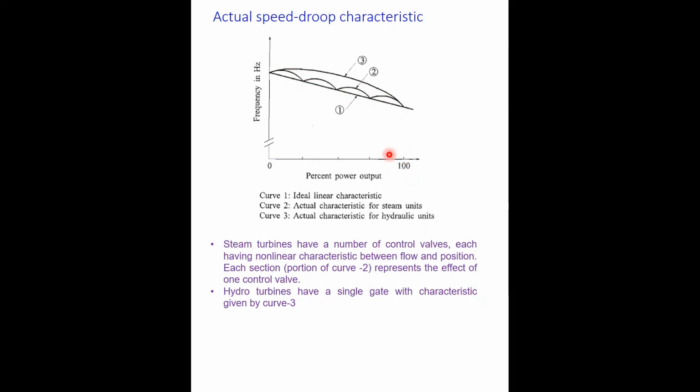So you can say each section of the curve is from one control valve. However, for the hydro turbine, the third one, you have a single gate, so single gate operation. So you have this shape of characteristic here for the hydro turbine.